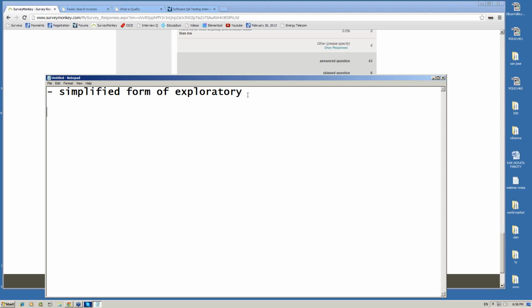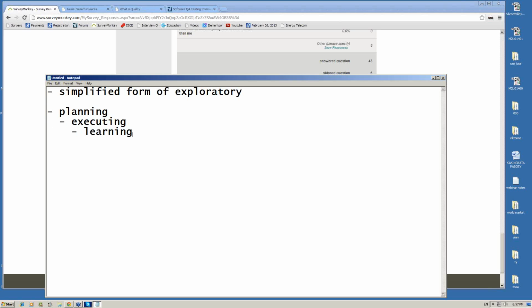Exploratory testing has three components in it. First, we are planning what we're going to do. But you remember, the purpose of exploratory is to learn, to get a better idea. Planning, then after a while we are executing the test, which is the second component. And then the third component is learning.